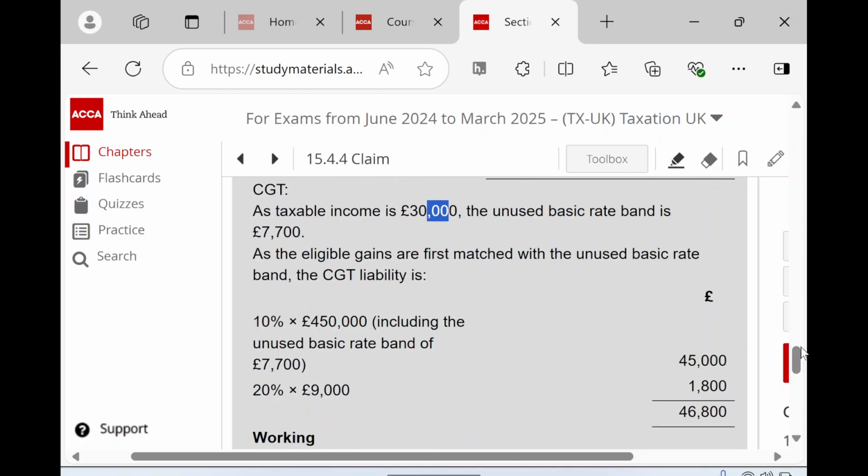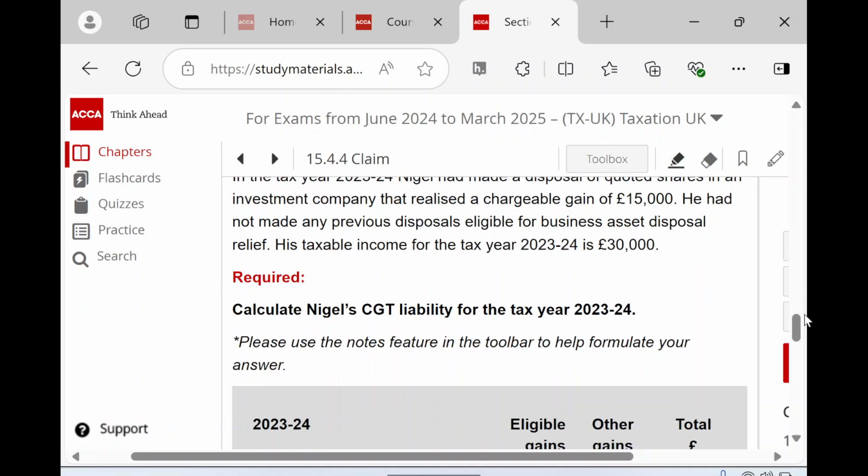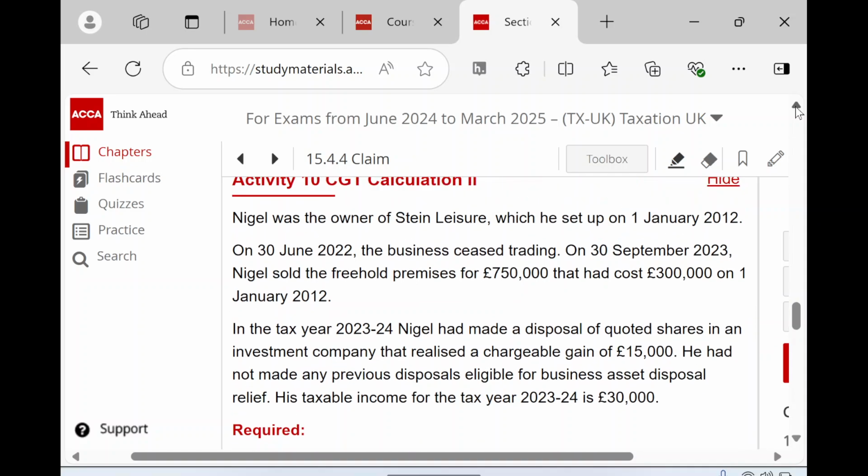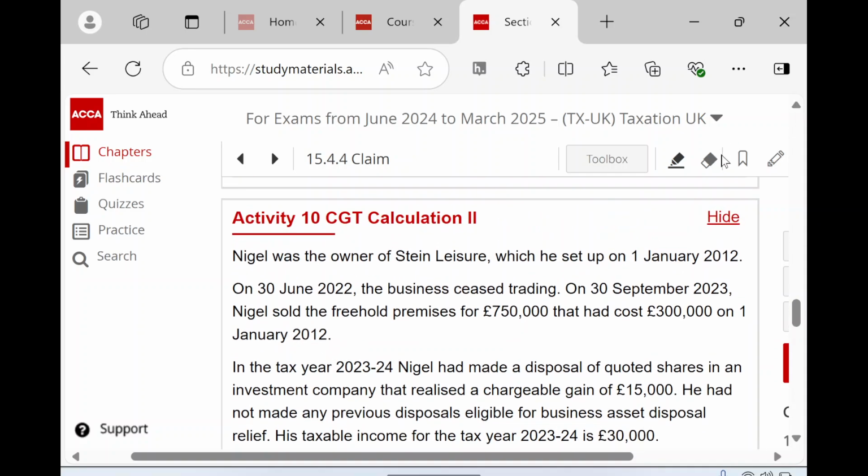So in effect here, and in summary, if I go back to the scenario, is a situation where we see a business owner ceasing in trade and indeed selling an asset. It looked like the conditions were in play, you know, trading business, time limits, etc., etc.